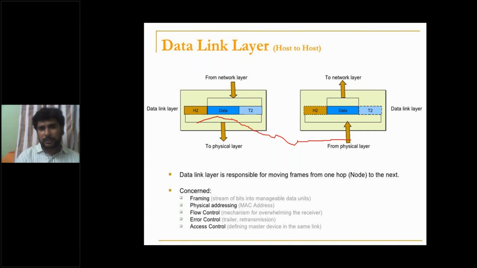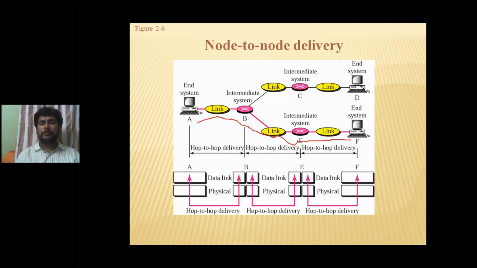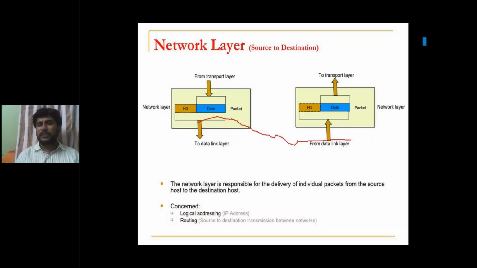So first we talked about physical, then we talked about the data link layer. The layer which is above the data link layer is called the network layer. The major function associated with the network layer is routing of data from source to destination.